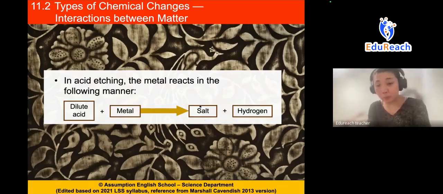Salt doesn't mean the salt that we eat, even though table salt is an example of a salt. It is sodium chloride. But in chemistry, salt is a group of substances that is formed between a metal and another component. So you just know that salt is a classification of a certain type of substance.